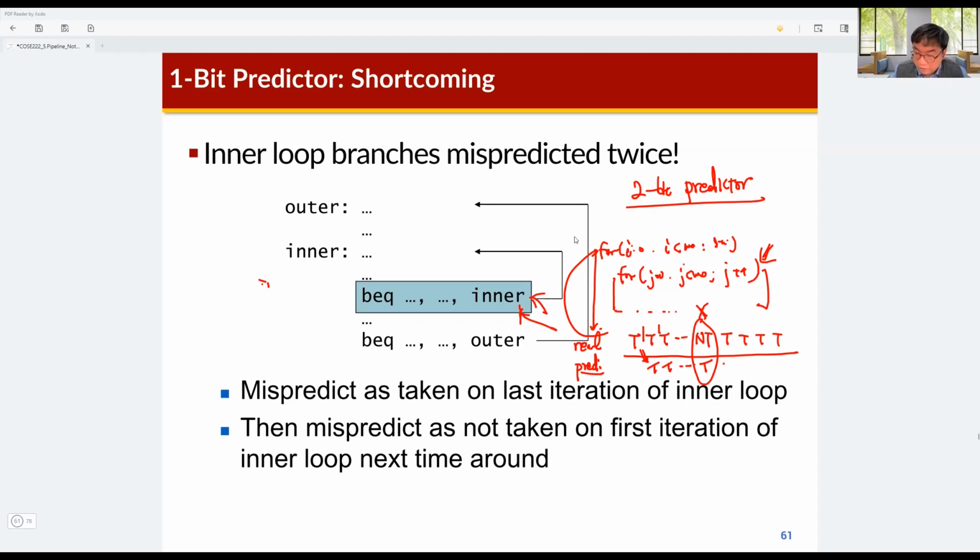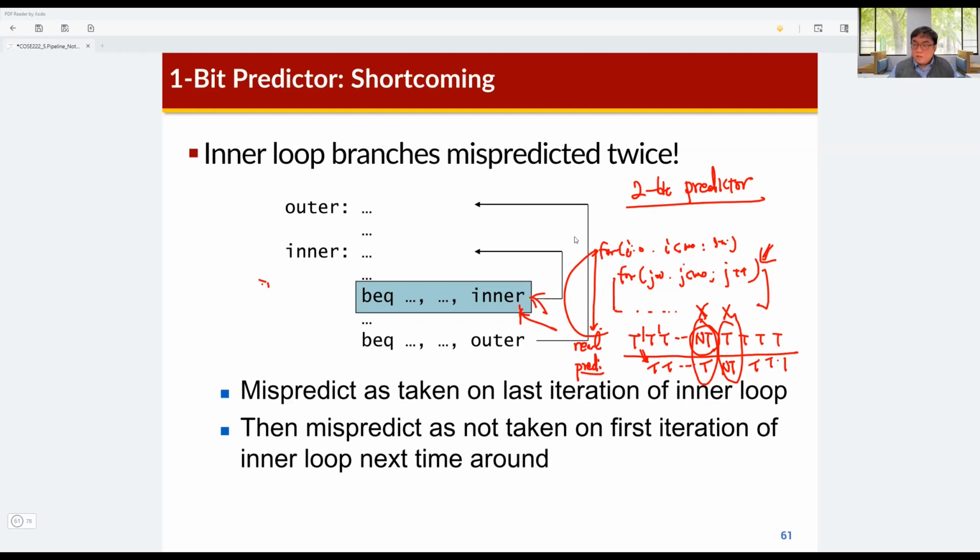And then also this is NT, because the previous result is not taken, but this is also wrong. Then taken, and then the same pattern is repeated.